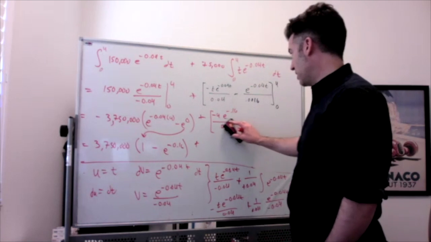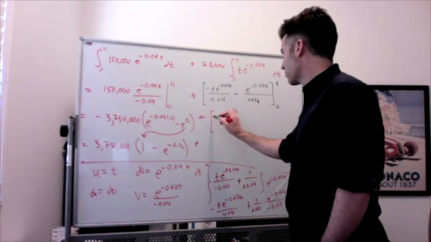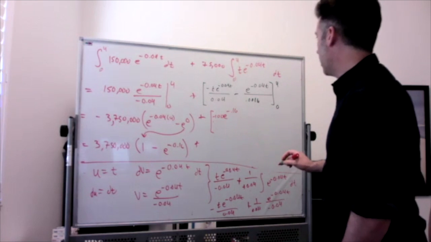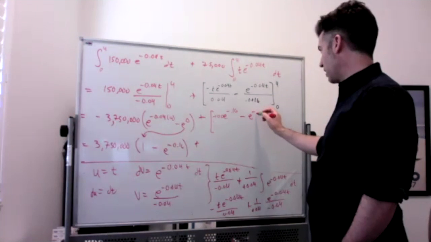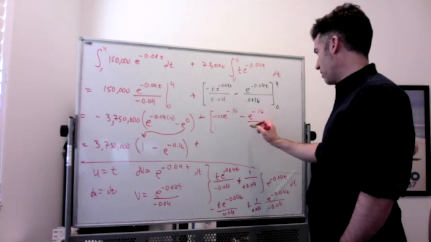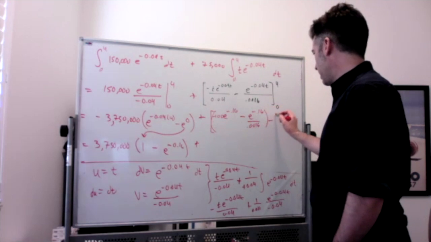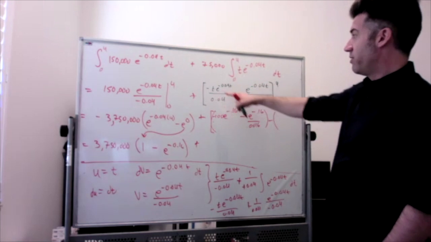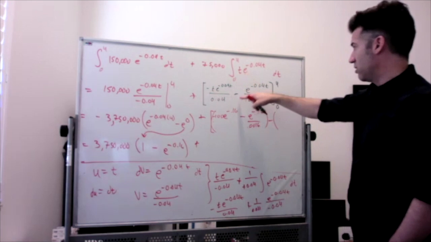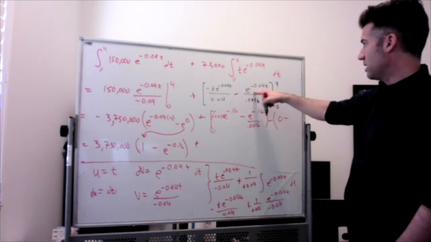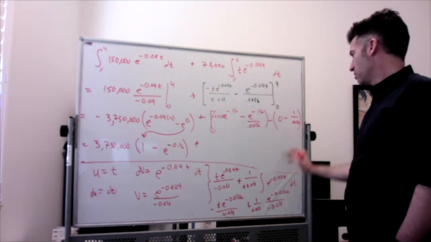So let's make that a -100. And then minus, plug in 4 here, you get e to the -0.16 divided by 0.0016. And then minus, and you have to plug in the 0. That's going to be 0 because there's a t there. So 0 is just 0. And then the 0 here, you're going to get e to the 0, which is 1 over 0.0016.